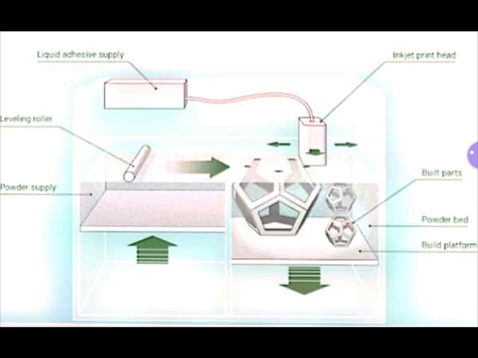You are observing that there are three objects created here, represented by bulk parts. Here there is a build platform, and the green arrow mark showing a downward direction indicates that this build platform can be lowered in the Z direction.